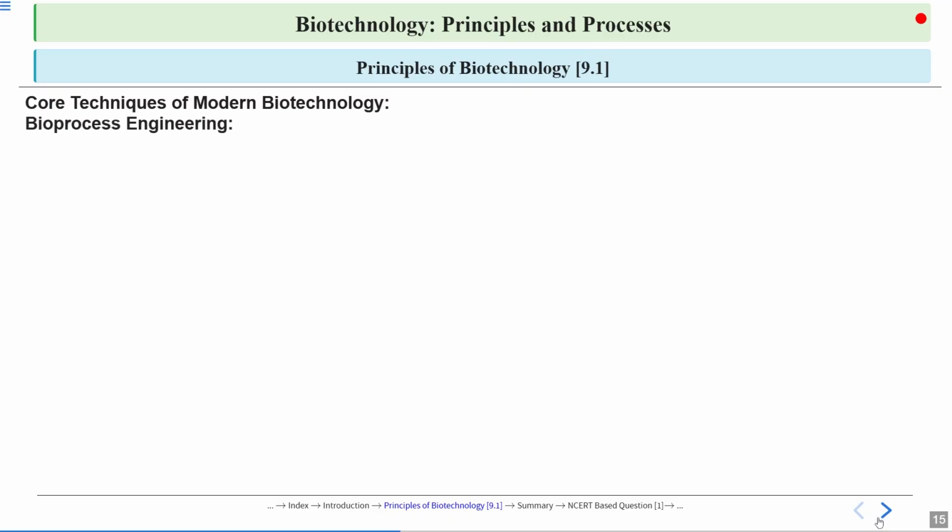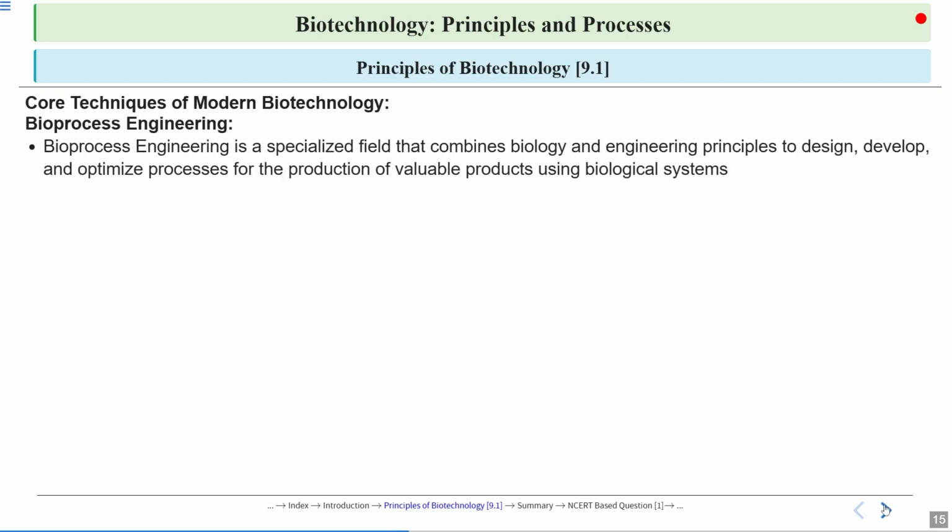Now comes the second part, without which modern biotechnology could not be possible: bioprocess engineering. What is it actually about? For example, we have found how to make a recombinant DNA, but we have to apply some engineering principles to design, develop, and optimize the process for the production of that recombinant DNA.